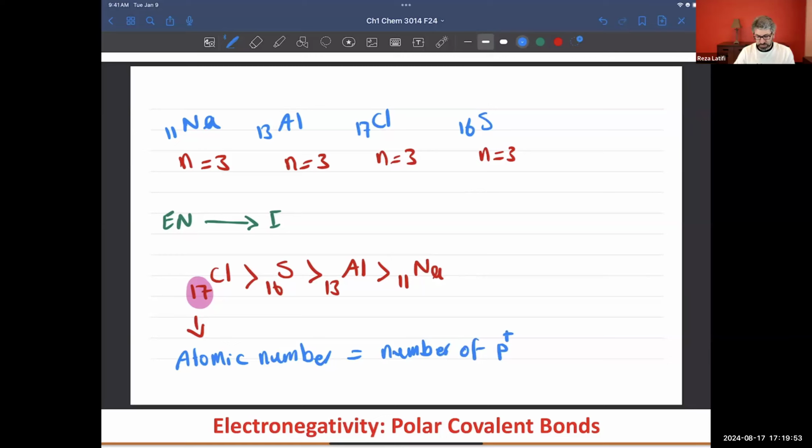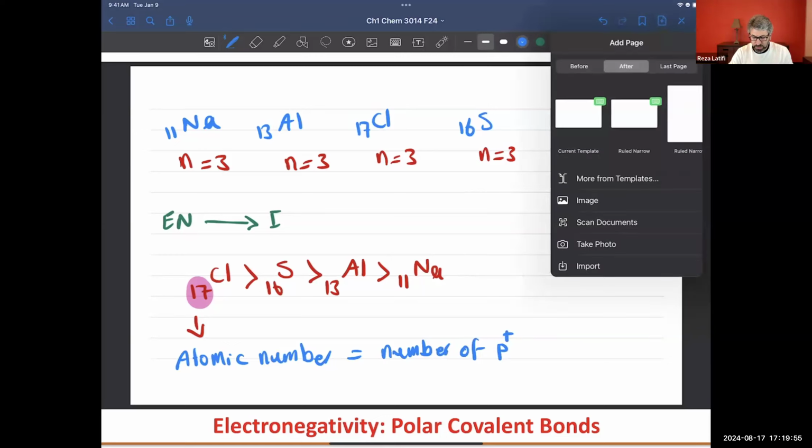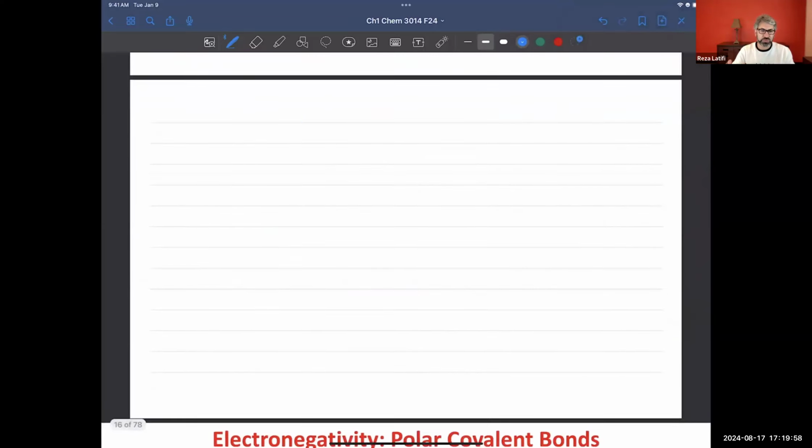Now, what will happen if they are in different periods in a group? Let's say you are dealing with sodium, next lithium, and let's say fluorine.